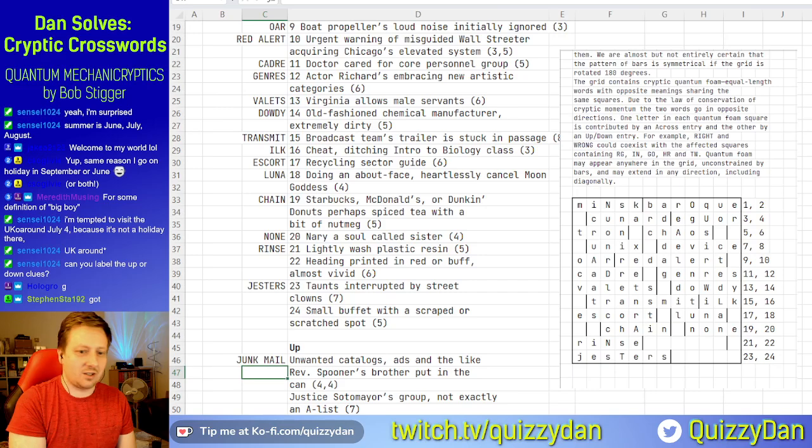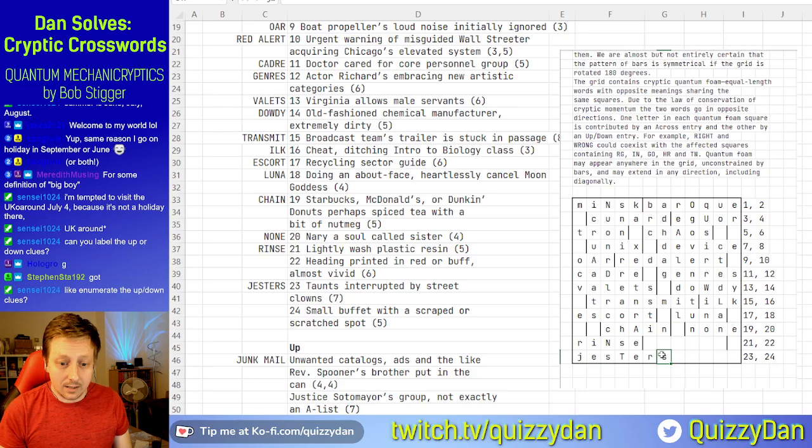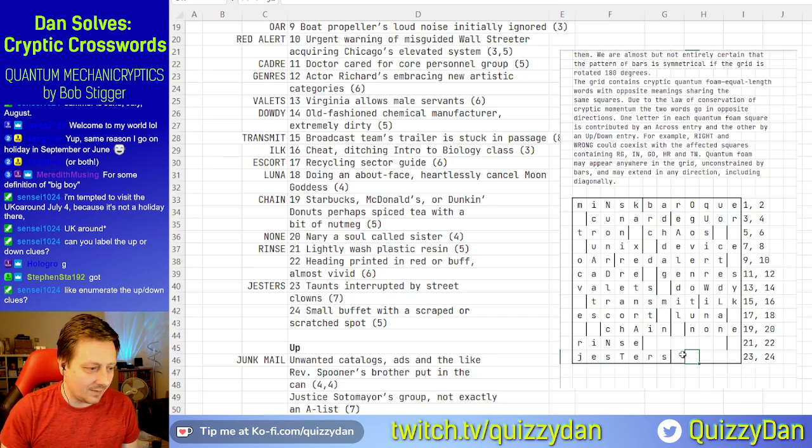And now this, surely, is an up clue, so we need to find where it could go. I think it can go... No, can't go there. J, because that could be that. J-U-N-K-M-A-I falls down there. So it's going up.